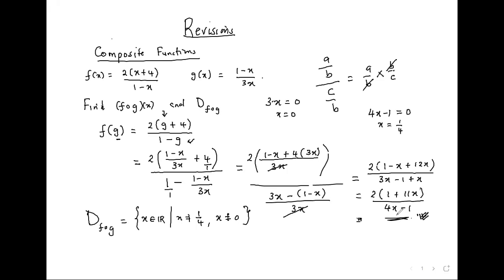So look, we have put x not equal to 1/4 from this denominator. Now this whole denominator came from the fact that g was taken in f. So whatever you take in another function, you also get its domain. The domain of the g which we took in f is x not equal to 0. That's what I'm putting here.